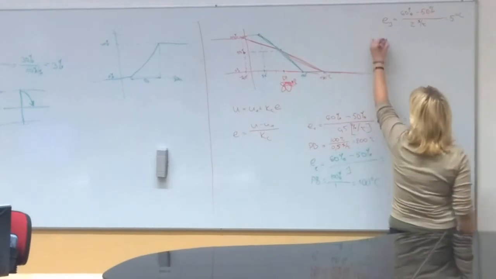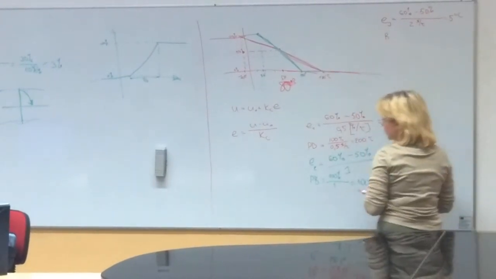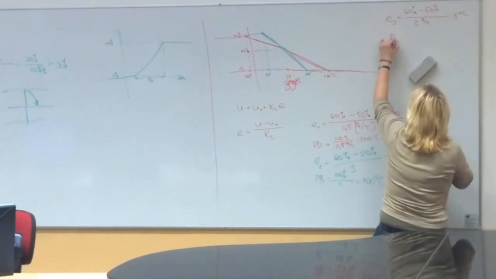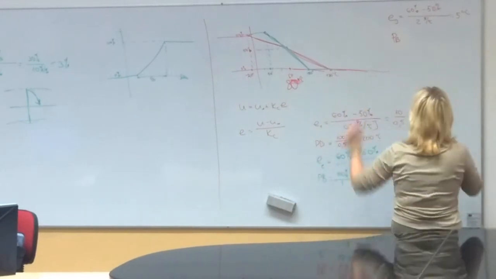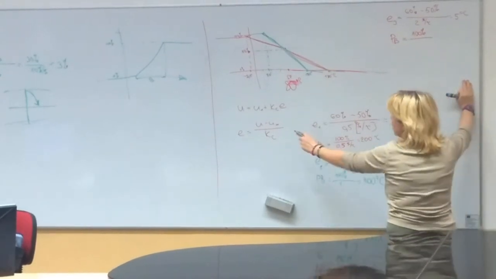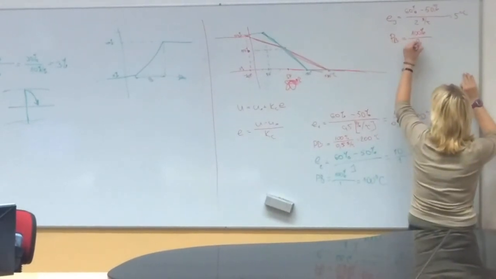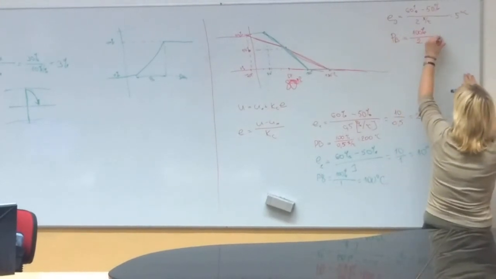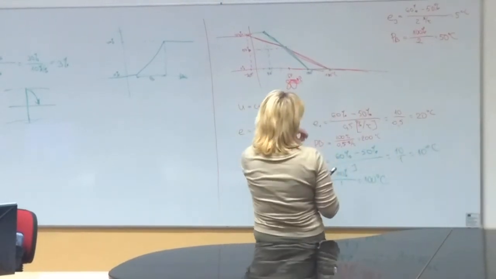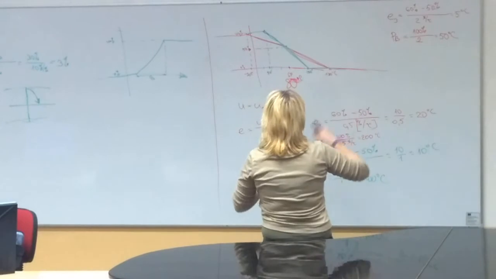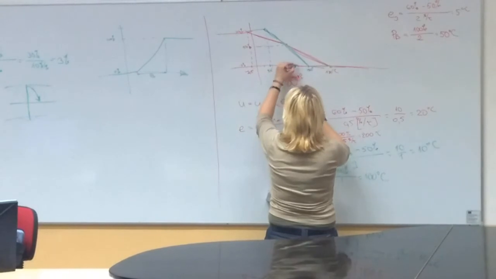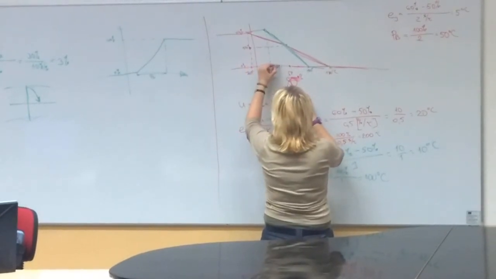Static error. So the proportional band for that matter will be 100% divided by the Kc, so divided by 2. So we will have 50 degrees Celsius of proportional band, and this will be half of that and half of that.